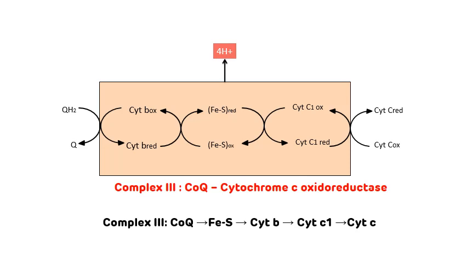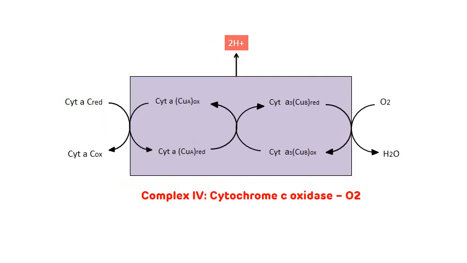Now let's see the complex number 4. So complex number 4, which is known as a cytochrome C oxidase, flow of electron from cytochrome C to the oxygen: electron will transfer to the cytochrome AA3, and this cytochrome AA3, in addition to the iron, also contains copper ions. Fine, there is a presence of iron as well as the copper ion.